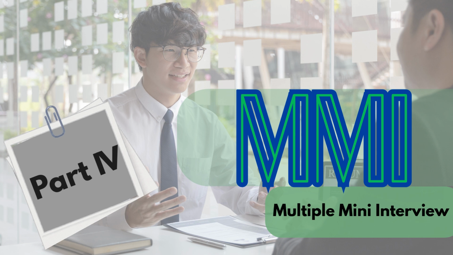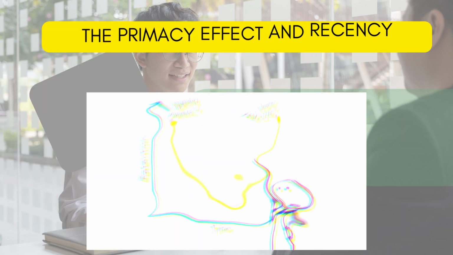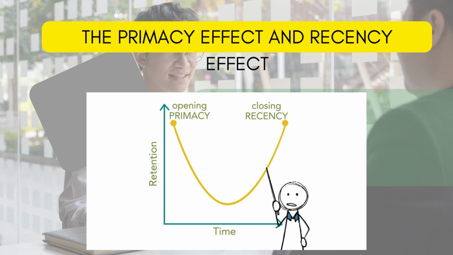In today's video, we're talking about a psychological principle which you can use to answer your MMI, which can create an impact on the examiner. It's called the primacy effect and the recency effect.